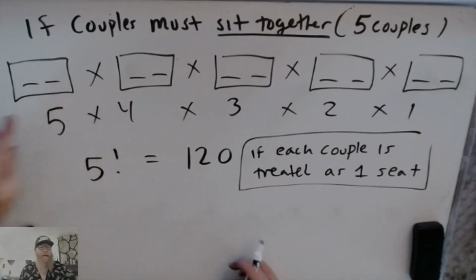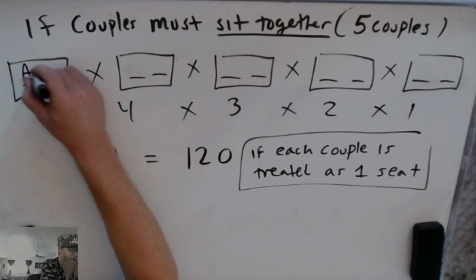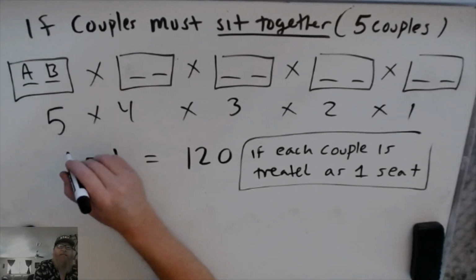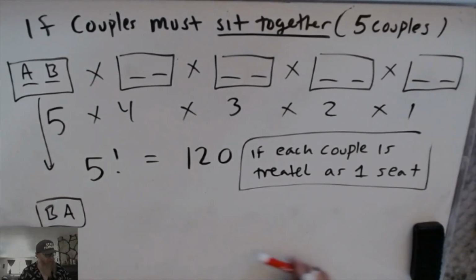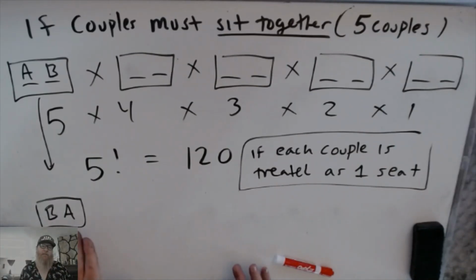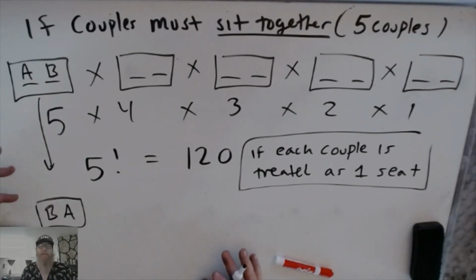They could switch. You could have person A and person B sit there, or you could have person B and person A sit here. Yeah, they could switch seats with each other, and they're still sitting together. So each of these has 2 more possibilities.